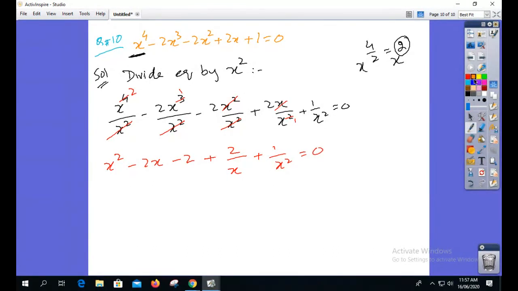Here we have same coefficients 2, 2, 1 and 1. So we combine this term with this term and this term with this term.